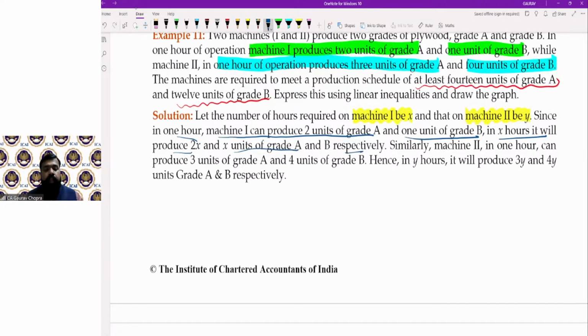So we have assumed X hours, and accordingly we can calculate how many units the machine produces per hour.